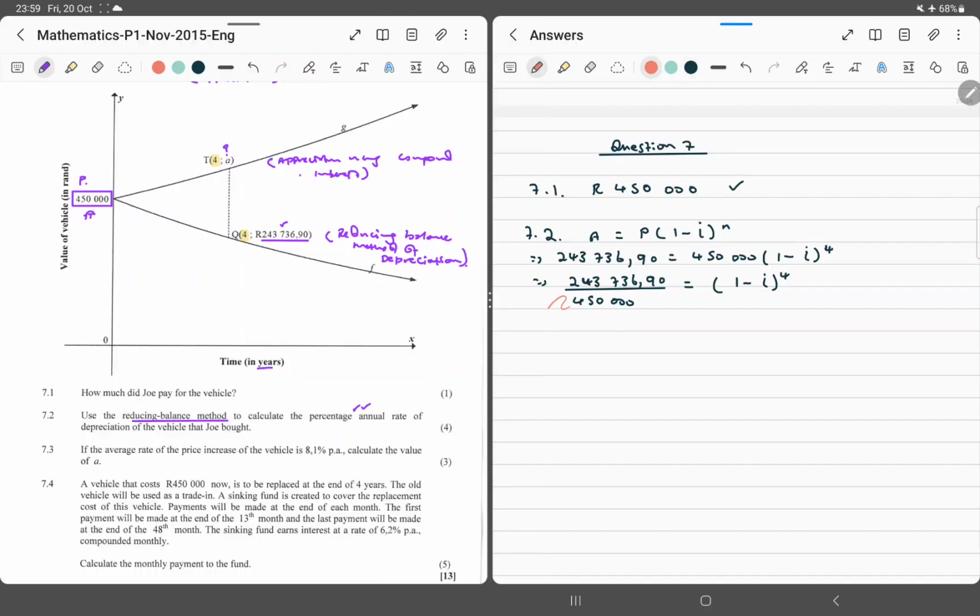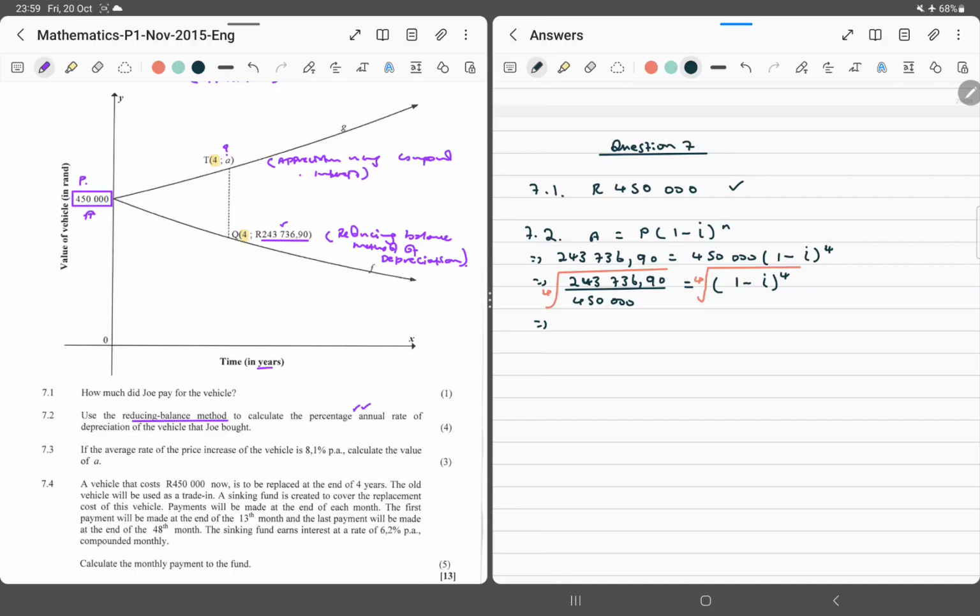So what we need to do now is to take the fourth root to get rid of this exponent right here. So what you do on the left, you must do on the right. So let's put it onto the calculator basically.